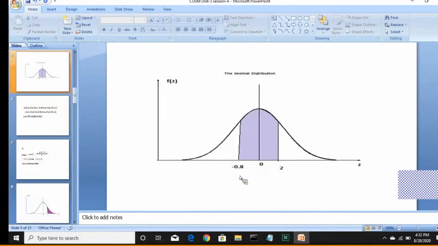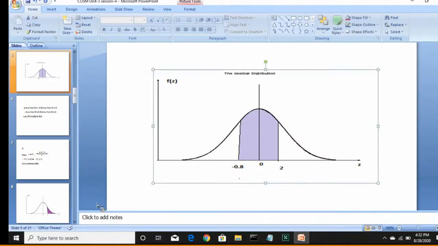Minus 0.8 to 2 you are getting. In that area from 0 to 2 and 0 to minus 0.8, that is same as 0 to 2 and 0 to 0.8. Both adding, you will be getting the answer.